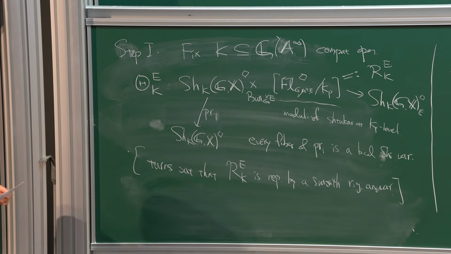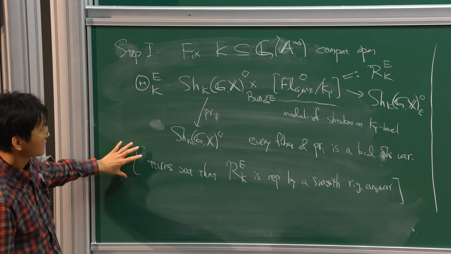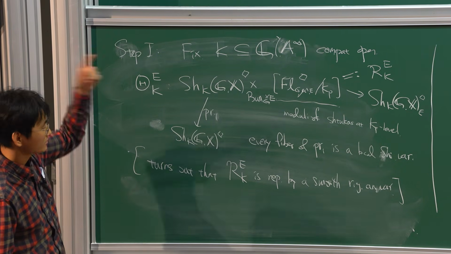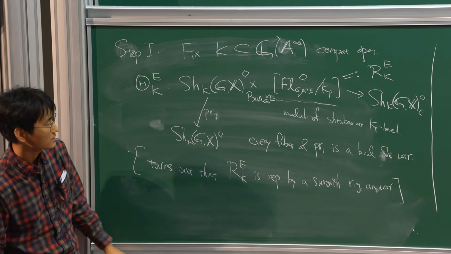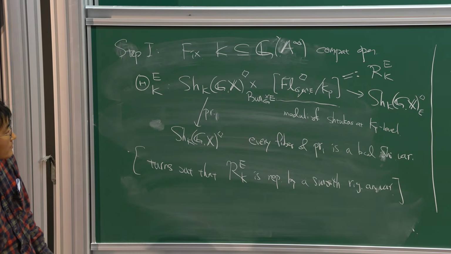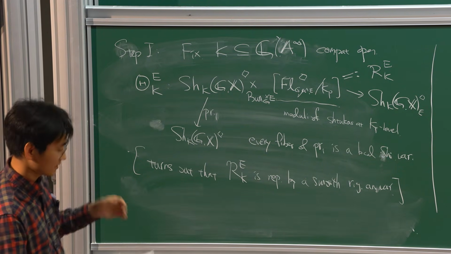Which I don't think I need to use, but it's a curious fact, because if I try to do this integrally, it's going to be some horrible ind-scheme that's not a formal scheme. So it's a curious thing that happens.